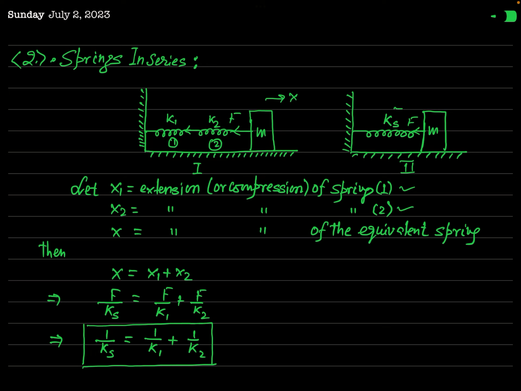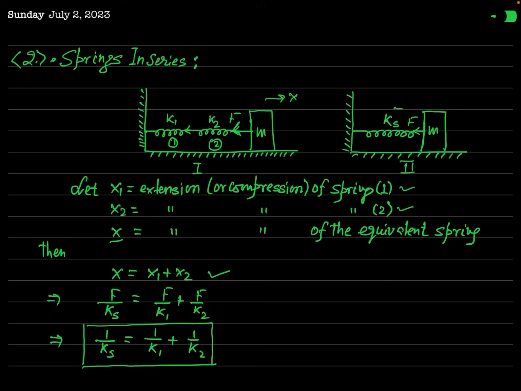As these two are connected in series, you can see in the figure, the total displacement of this block is x, then definitely x will be equal to x1 plus x2. It is obvious. Now x is the equivalent displacement, and since the springs are massless, the tension in the spring, that is the spring force, will be the same throughout this system.